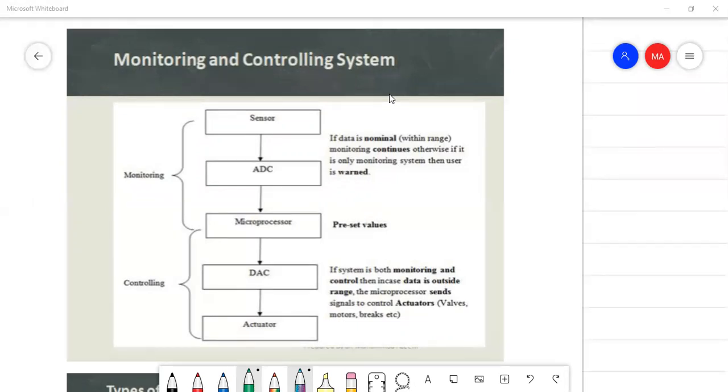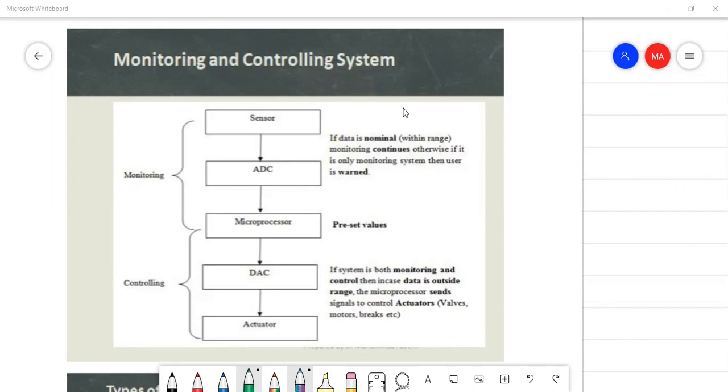Just a topic related to sensors. We know that a sensor can just monitor the system, while an actuator is a device used to control the overall system.